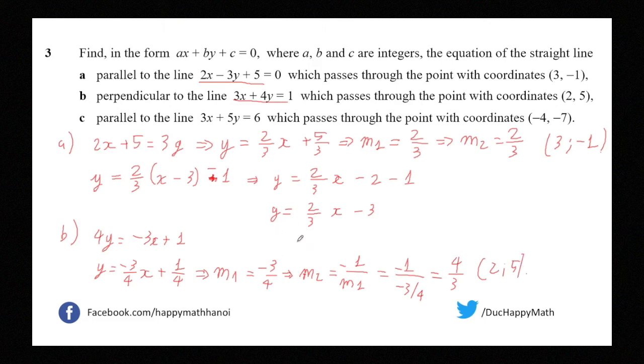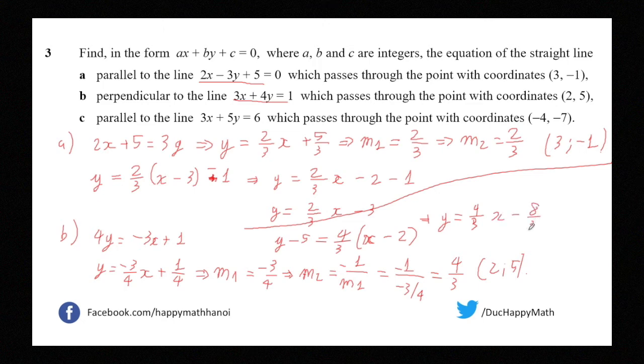So the straight line of question B is y - 5 = 4/3 times (x - 2). So y here is 4/3 x - 8/3 + 5.